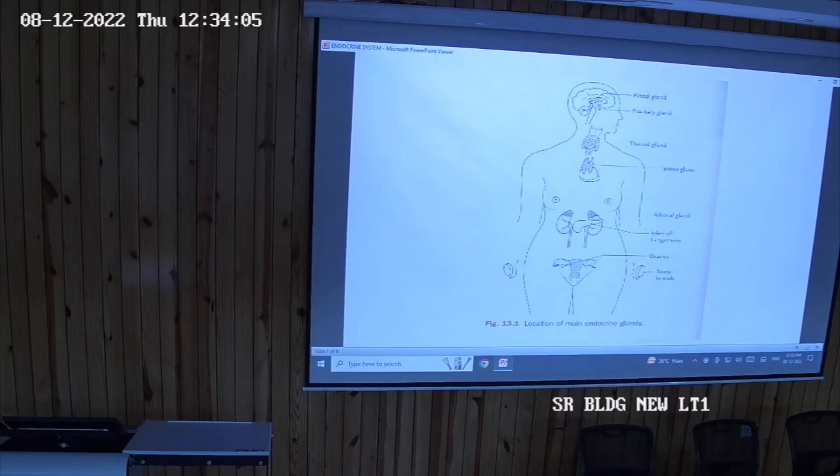Such a condition is called Cushing syndrome, which results due to excessive secretion of the hormone ACTH. Adrenocorticotropic hormone is released very much. And gigantism is due to excessive secretion of the growth hormone.